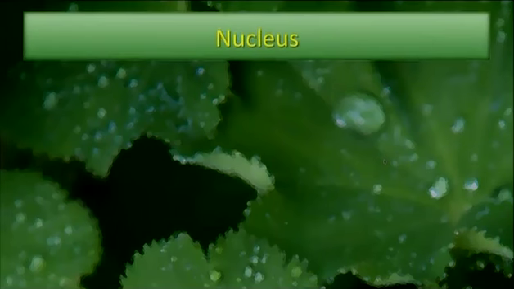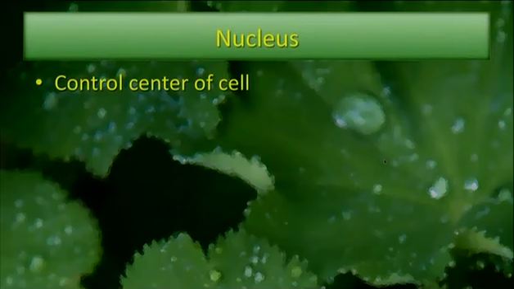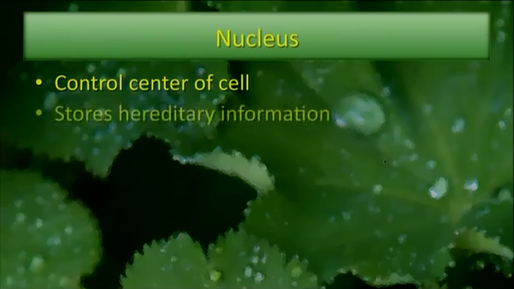Now the nucleus is the control center of the cell. It sends coded information from DNA to other parts of the cell, and it's involved in growth, differentiation, and other activities. It also stores hereditary information.